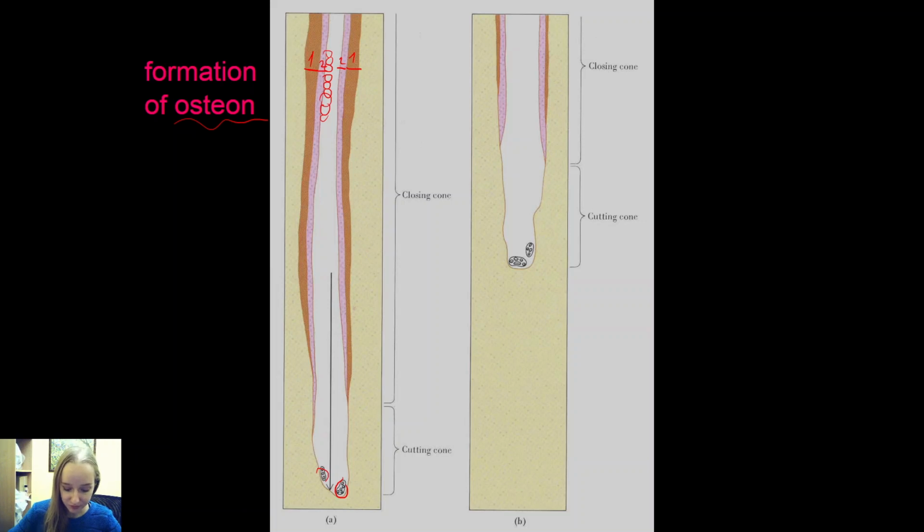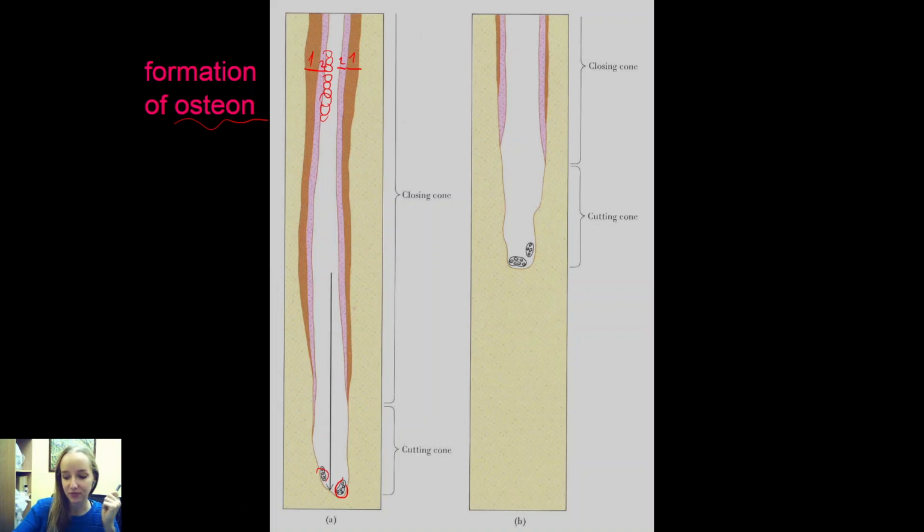So the further from the center, the older the lamellae are, really. So they are narrowing this osteon, this canal, in the center, and this canal will close gradually. Sometimes the osteons close, so there is no channel.